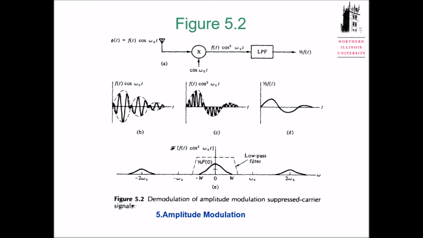Right after the mixer, this is my envelope, and it has a low frequency. Inside is the high frequency, 2 times higher compared with the input. It goes through a low pass filter. The low frequency signal will pass, and the high frequency signal will be blocked. We get our signal demodulated.